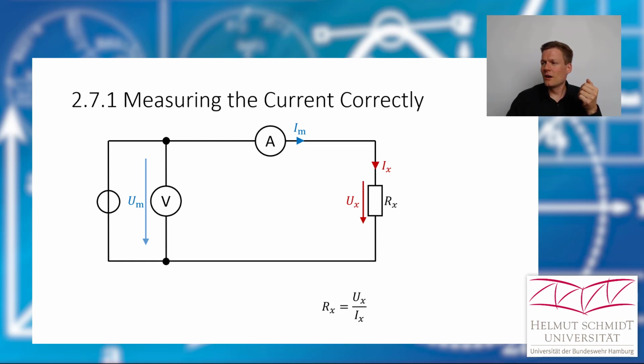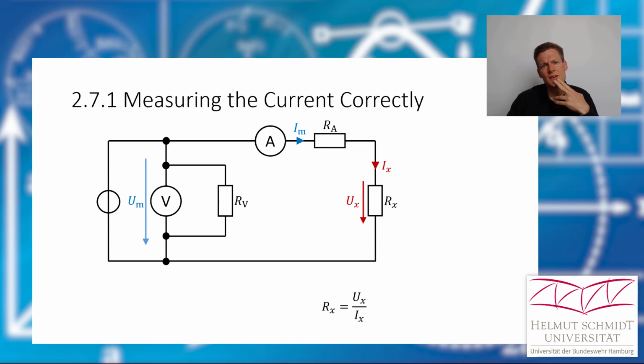But our instruments have internal resistances, and that means our voltmeter looks like this and our ammeter looks like this. And that means we have an additional voltage drop at our ammeter. The voltage drop is, as we discussed before, the measured current multiplied with the internal resistance of the ammeter. And what does that mean for the measured voltage?